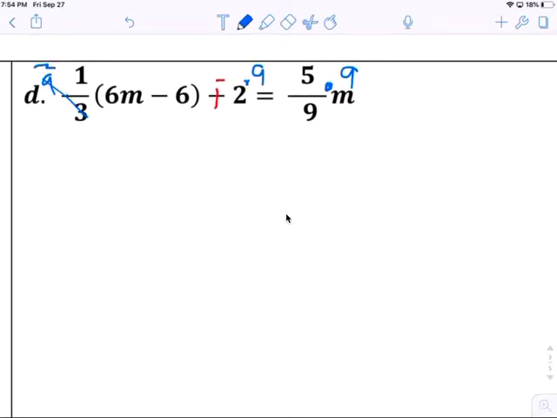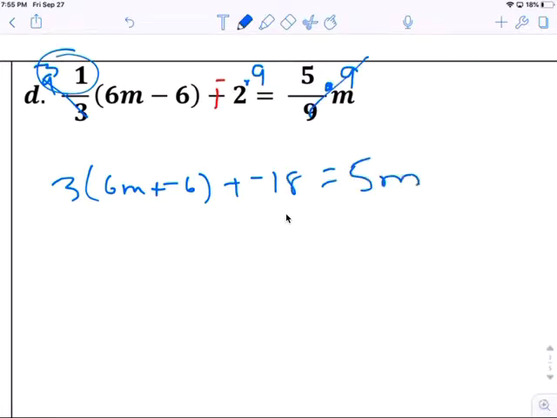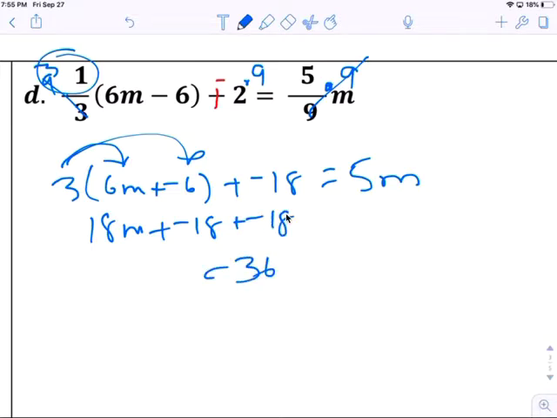That goes 3, least common denominator, 6M plus a negative 6 plus a negative 18, 5M. Distribute 18M, negative 18, negative 36.